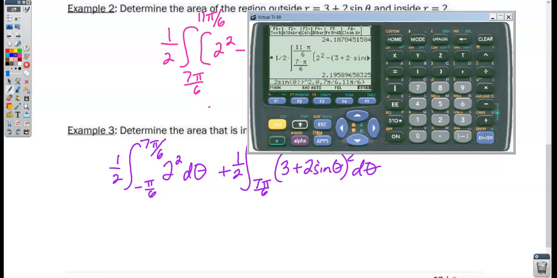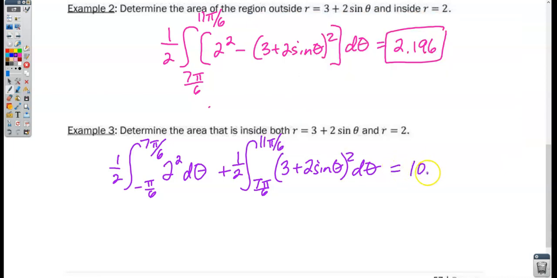And we punch that up, and hopefully my calculator will do all of this. Hey, there we go, 10.370 is the area of that region.